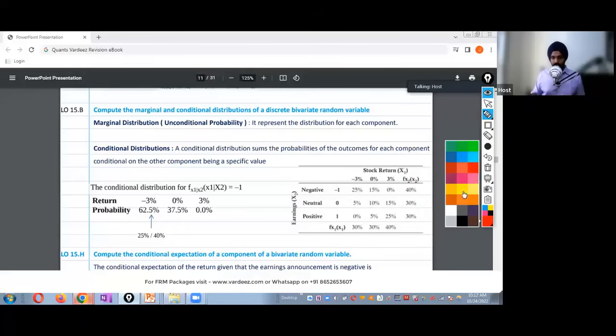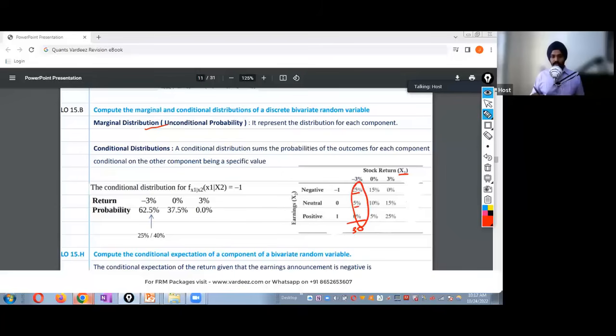So if I wish to compute the marginal probability, let's say it says compute the marginal distribution of x1 to be -3%, the stock return to be -3%. No problem. It's 25 plus 5, that's going to be 30%.